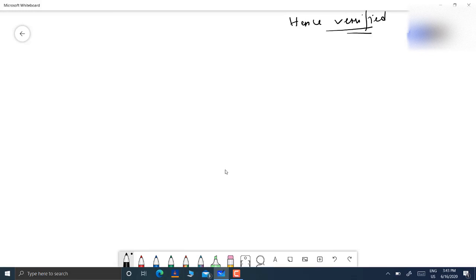The second equation is 5t minus 3 is equal to 3t minus 5. So again, in this case, it is very clear that we have to keep the terms containing variables on the left hand side.